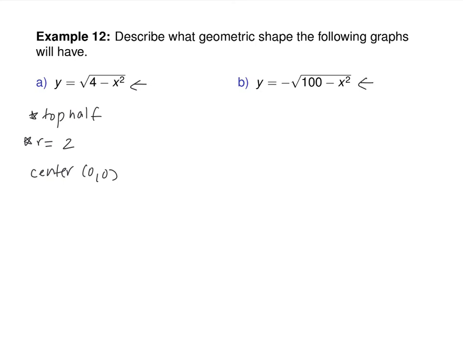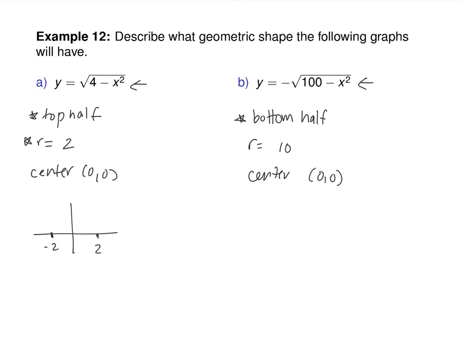What's this one going to give you? Bottom half. The radius will equal 10, and the center is once again 0, 0. Just drawing a picture, this first one goes from -2 to 2.